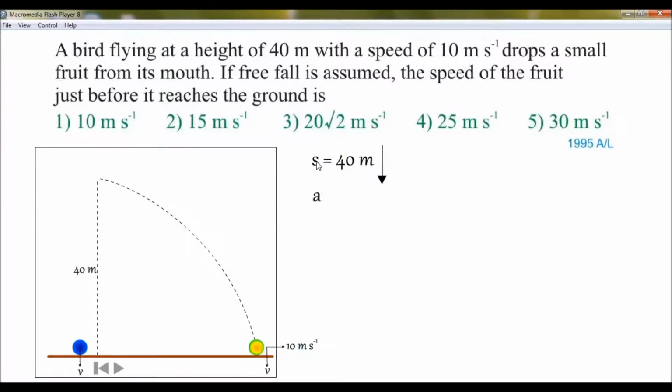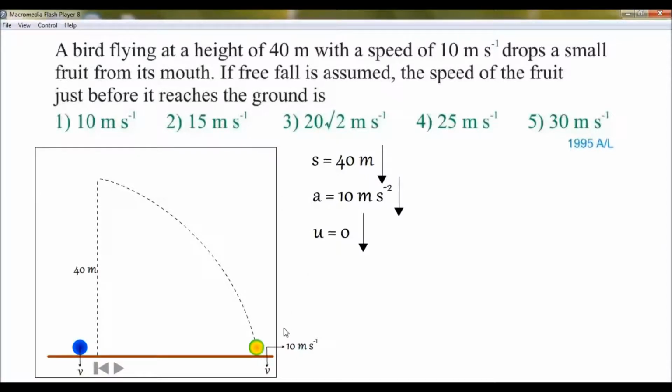Then we know the acceleration, the gravitational acceleration, also acting downwards. Also we know the initial velocity component, u equals 0. So these are the things we know, and we have to find this v.